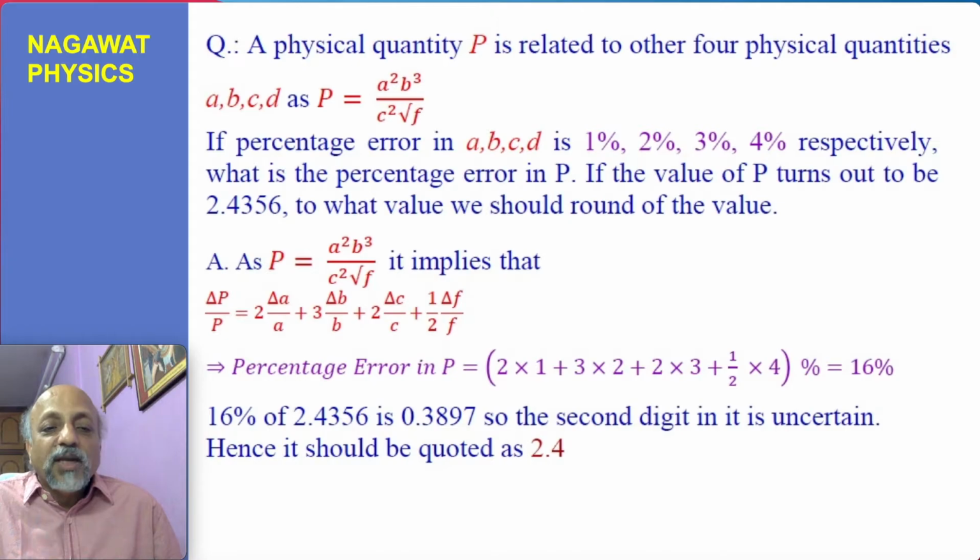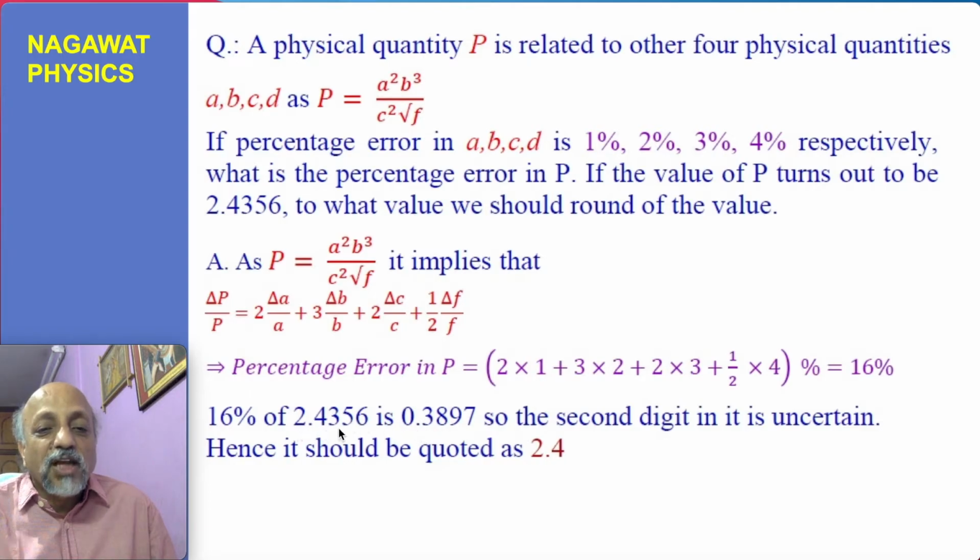Now by mathematics you can easily work out that the percentage error in P, which is 16%, amounts to 0.3897. So 16% of 2.4356 is 0.3897. So you know that the error is involved up to the first digit just after the decimal point.